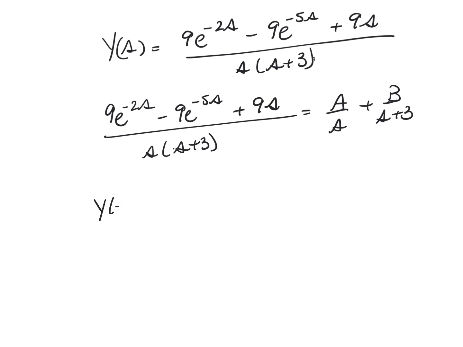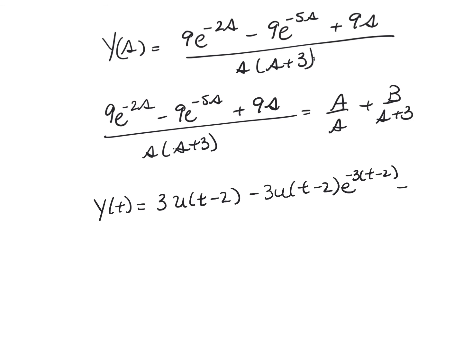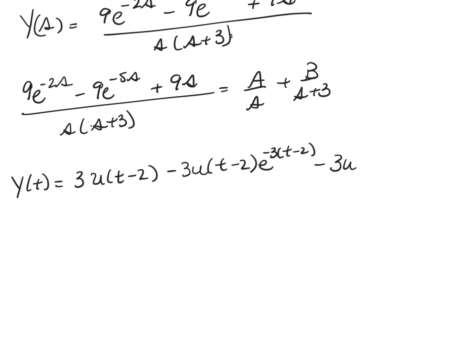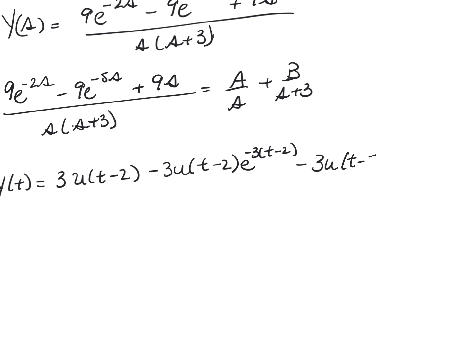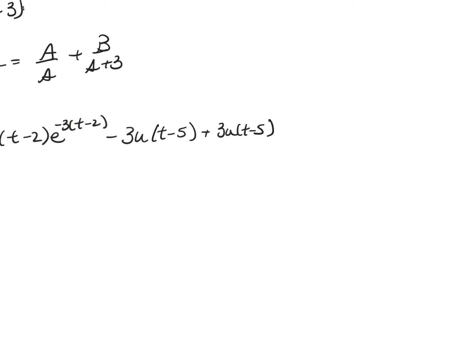what we would end up with, our final answer, is y of t is equal to 3u of t minus 2 minus 3u of t minus 2, e raised to the negative 3(t minus 2), minus 3u of t minus 5 plus 3u of t minus 5, almost done here, e raised to the negative 3(t minus 5), plus 9e raised to the negative 3t.